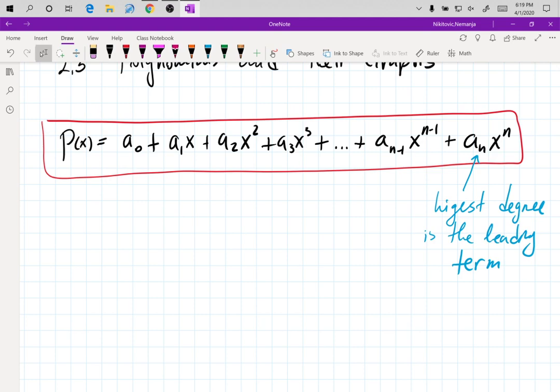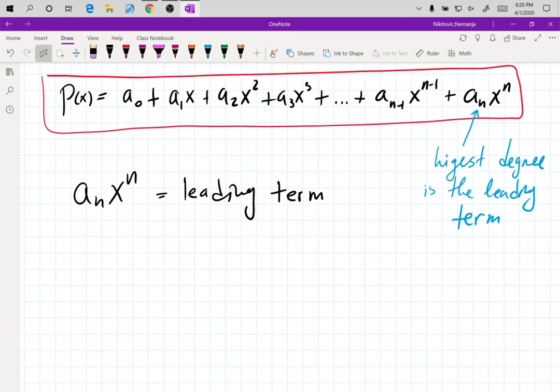So now, when I write this an x to the n as a leading term, you can have x cubed, you can have x to the 7, right? Whatever it happens to be. We have the exponent to give us the shape, and an, whether it's positive or negative, to tell us which way, right, opens up, opens down, and stuff like that, just like we did for a quadratic one.